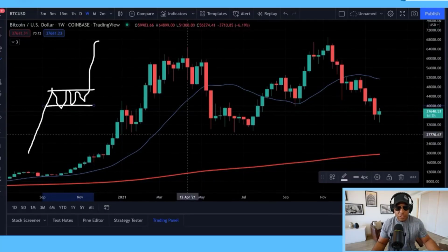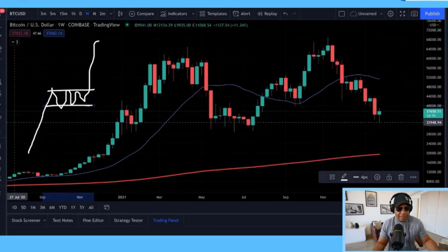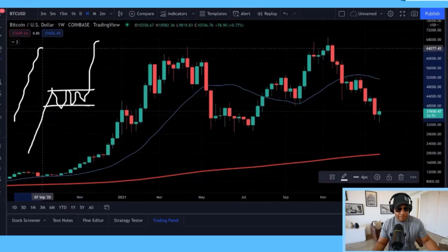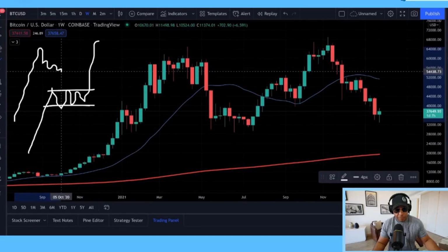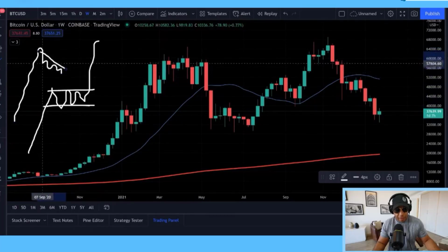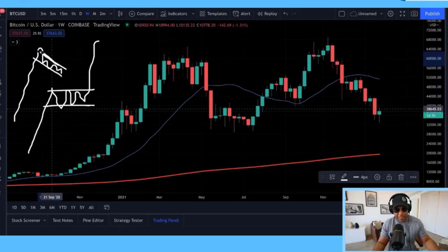You could have a congestion area that's more on a slant like this. And in this case, you have a pause or a congestion area that is slanted.